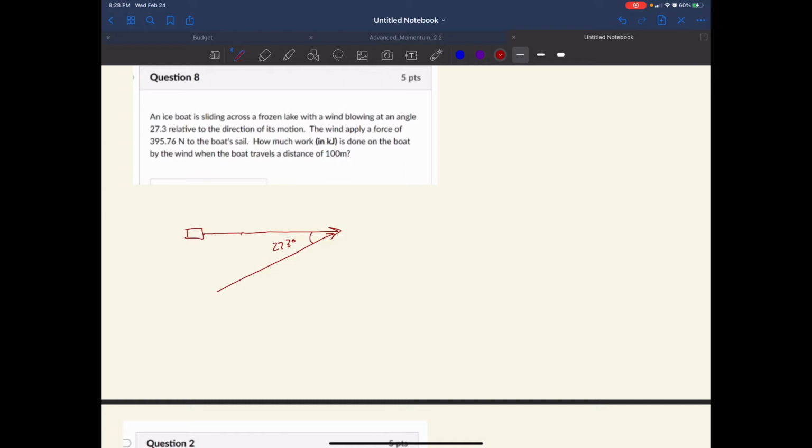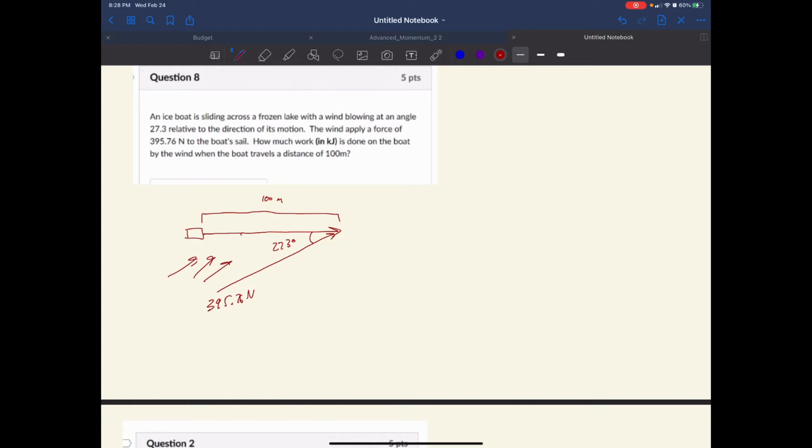The force of this force vector, the wind, is going to be 395.76 newtons. This distance that it's been traveling is 100 meters. The wind has been going this entire time, like that. And we're trying to figure out how much work in kilojoules.